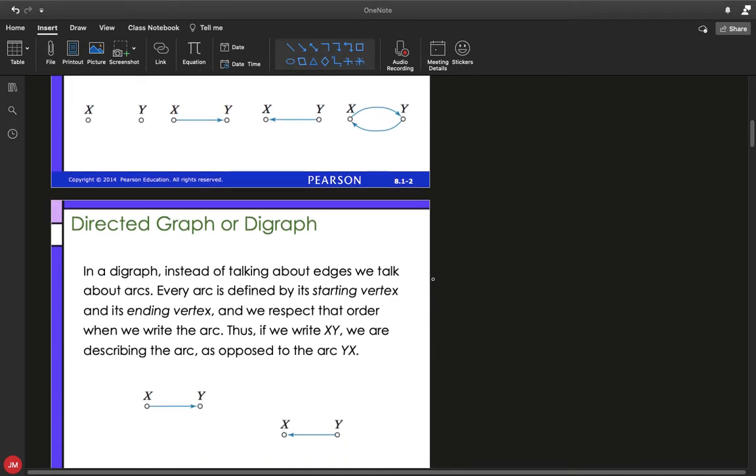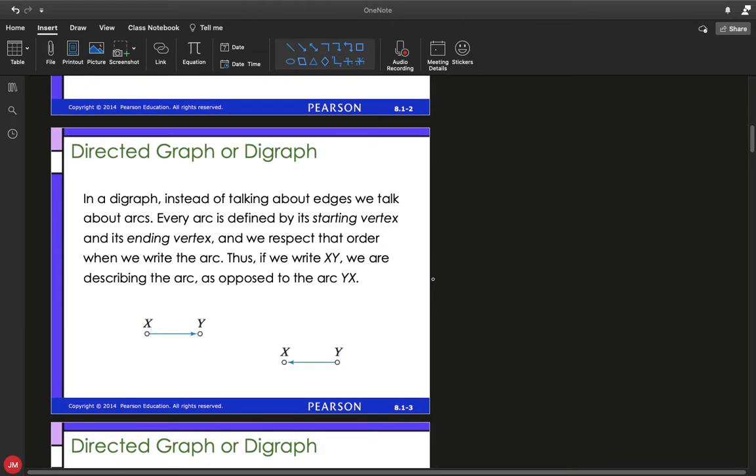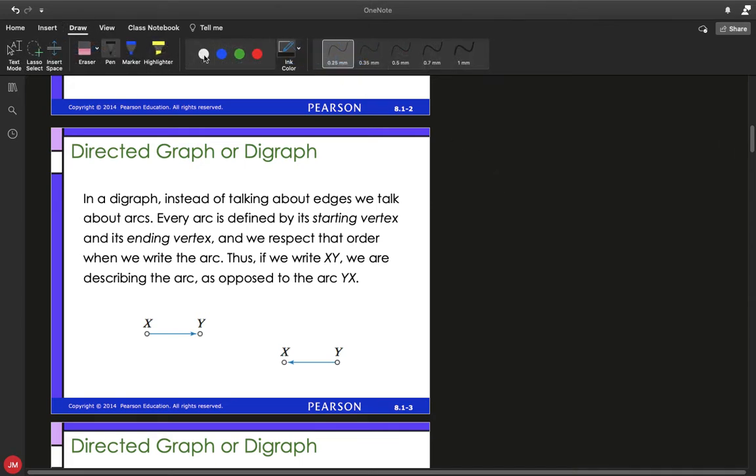Now, in a digraph, instead of talking about edges, we're going to call them arcs. And every arc is going to be defined with a starting and ending vertex. And we need to respect that order when we write the name of that arc. For example, if we write xy in that order, that's going to indicate an arc going from x to y.